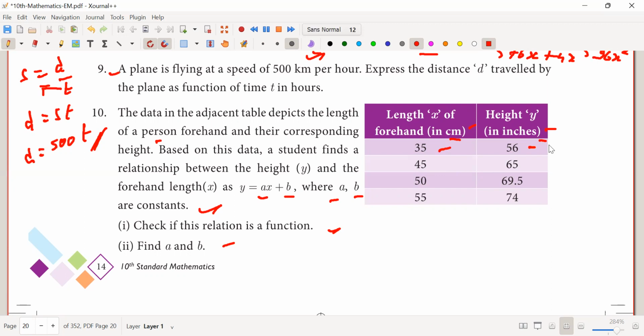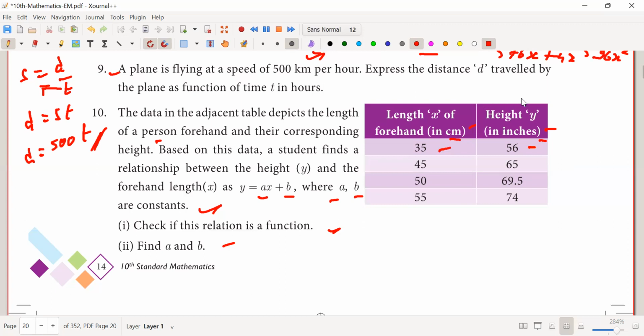How many centimeters is 1 inch? 2.5. So you have a 15 centimeter scale, it has 6 inches and 15 centimeters.